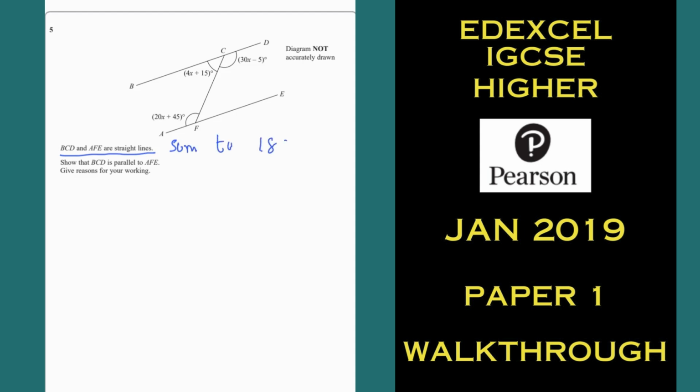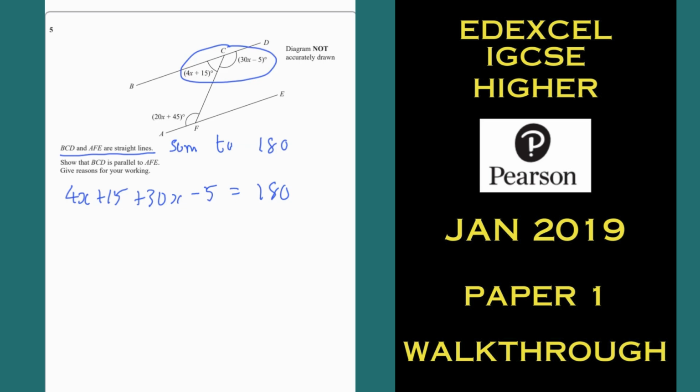sum to 180. And I have done this properly again on my worked answers on my website. Here, I'm just explaining how to go about it. So the starting point needs to be up here. That those two things added together, so 4x and 15 and 30x minus 5, they're the ones that make 180.